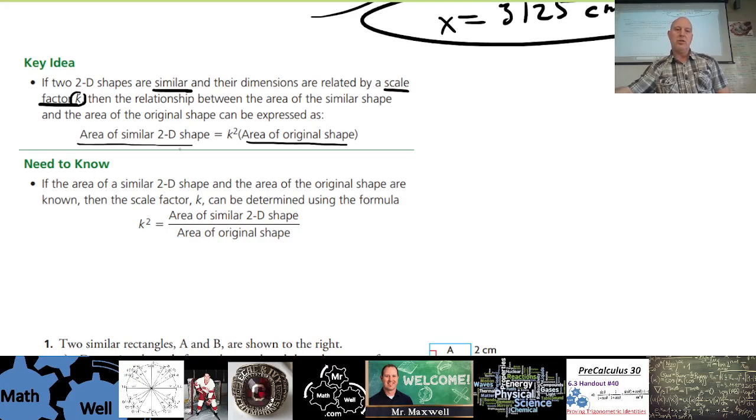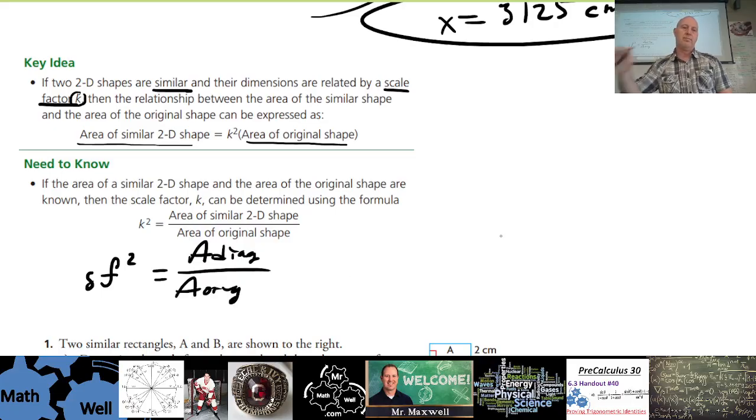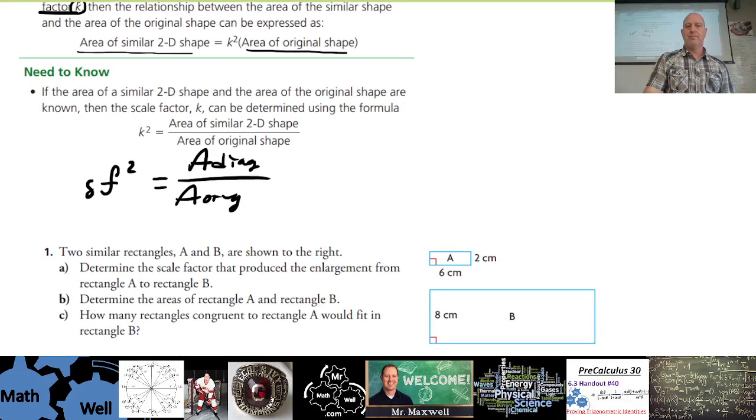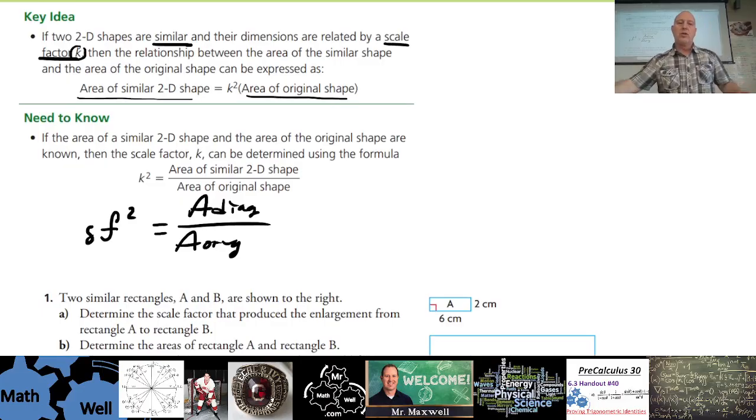The ratios here, okay, so another thing you could do, right? Scale factor squared, which is what we did, is the area of the diagram over area of original. Okay, is it all fitting together? I think so. Now, you could rearrange this to all sorts of different things.